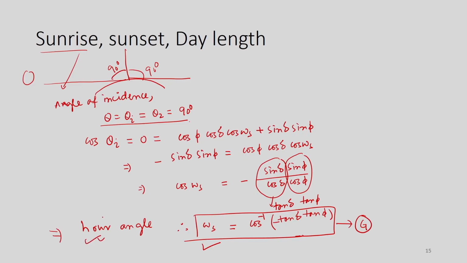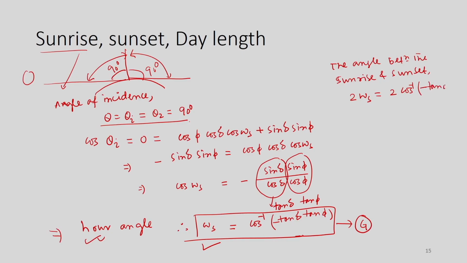If it is omega s for the sunrise from here to here, then it will be just twice omega s. So, the angle between sunrise and sunset will be 2 into omega s, which is 2 into cos inverse of minus tan delta tan phi.